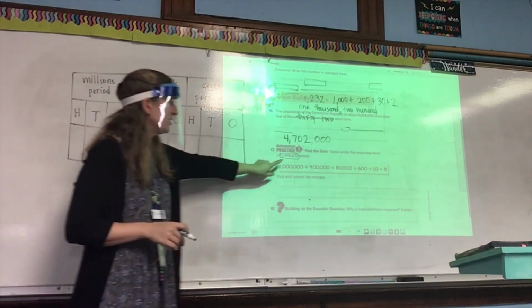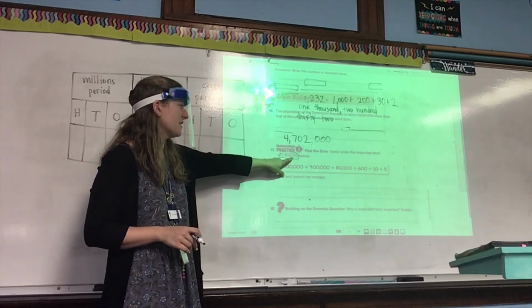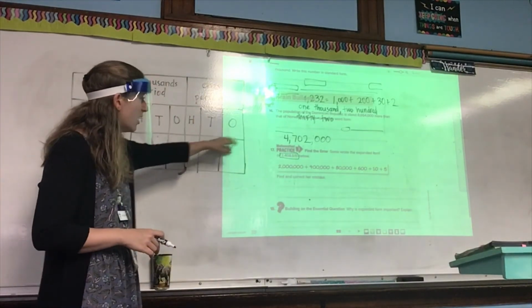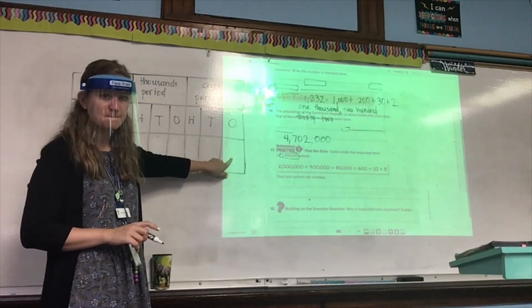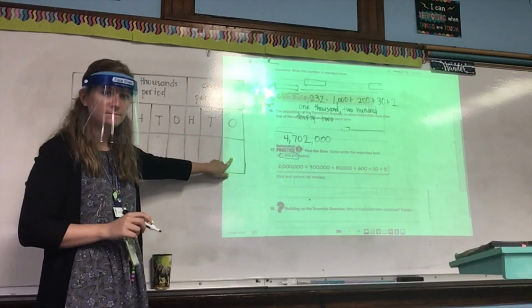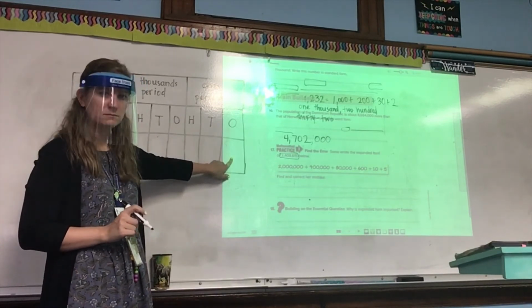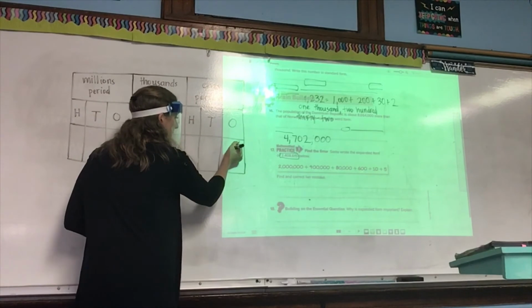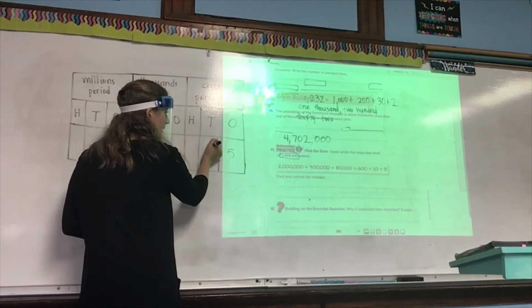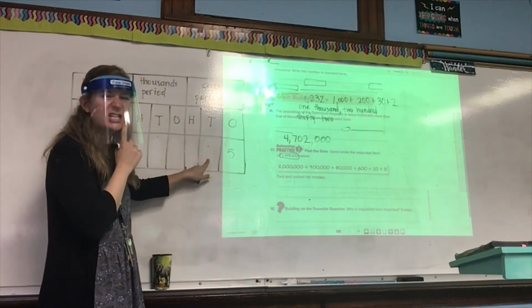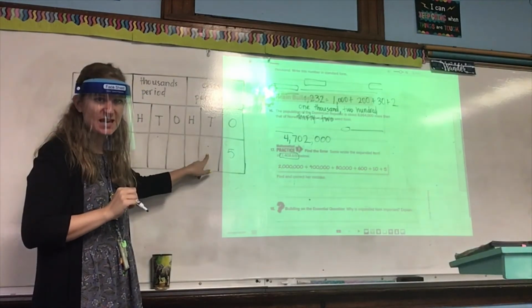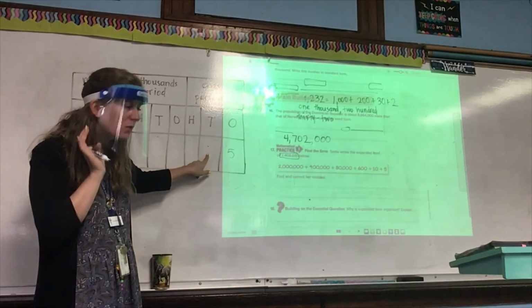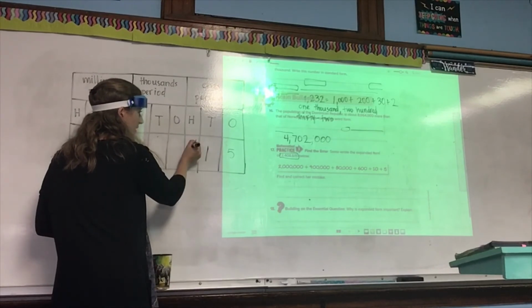So, first, let's write this number, 2,408,615, in our place value chart. So we're going to start on the right with which digit? Start to the right with 5. Then 1.